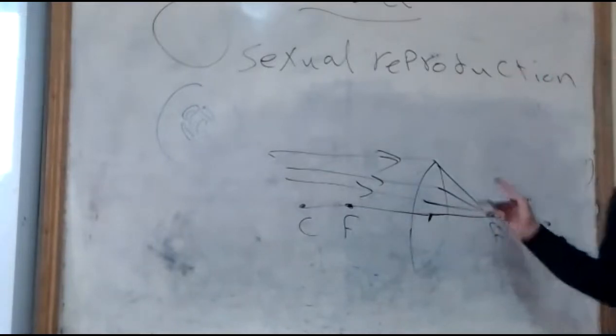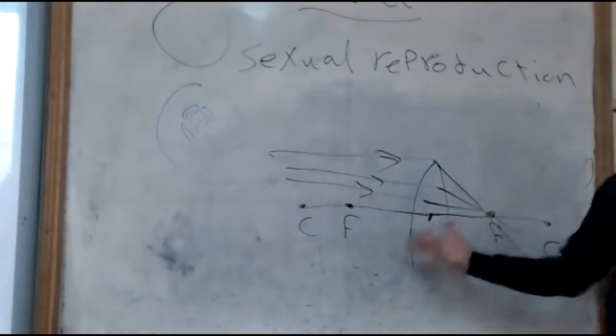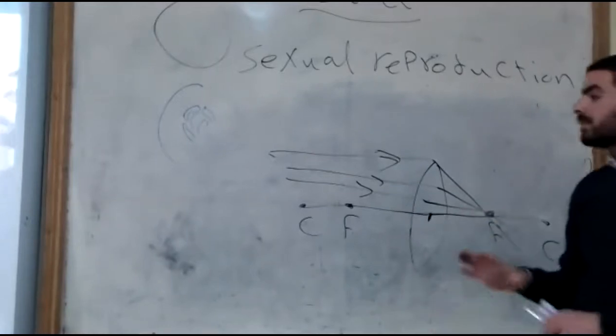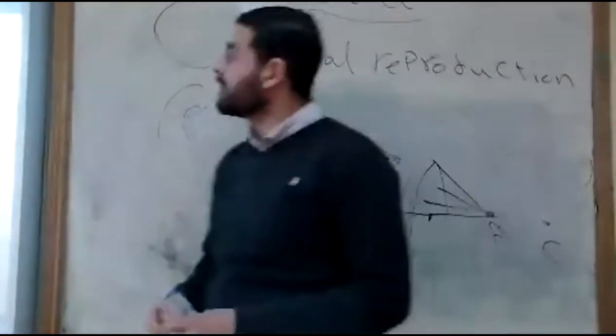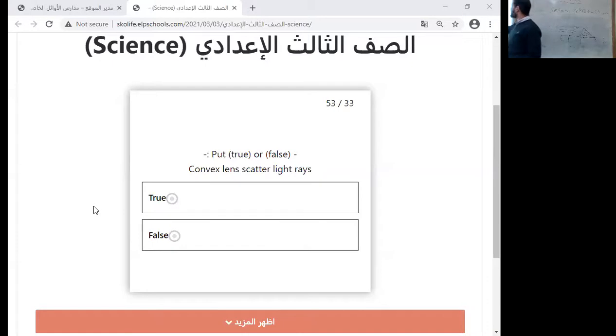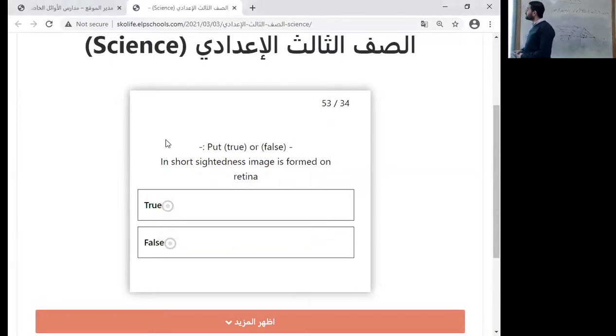So the convex lens collects light rays, not scatters them. Let's turn back to our question. Convex lens scatters light rays. The answer is false. It collects light rays.